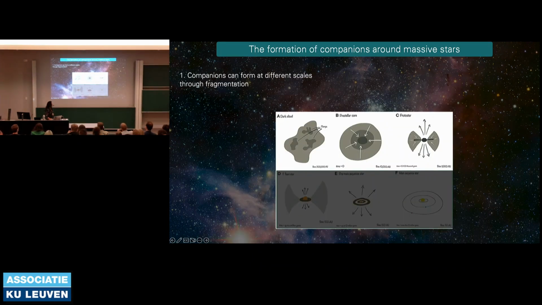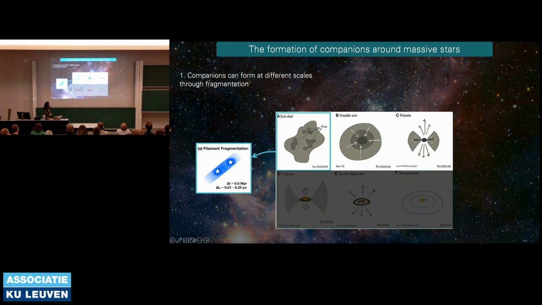Now, how can we form companions around massive stars, or around all stars? There are two main processes, I would say. First, it can form at different scales through fragmentation, and the fragmentation can occur at different stages during star formation. It can occur at the very early stages during the collapse of the giant molecular cloud, through filament fragmentation.